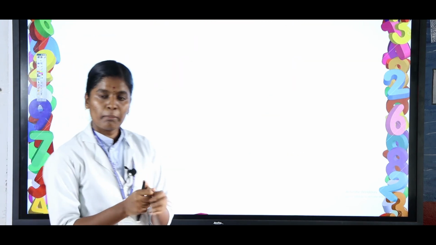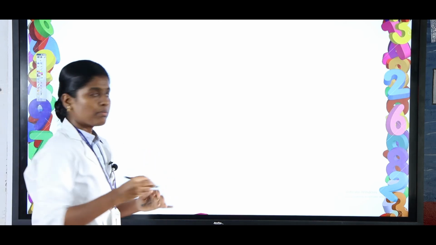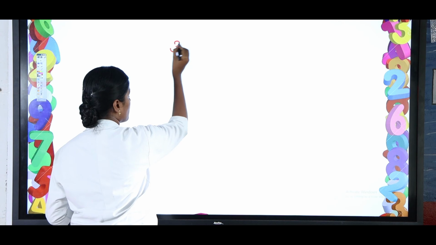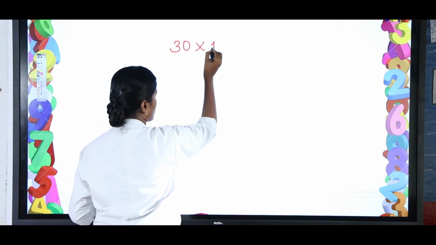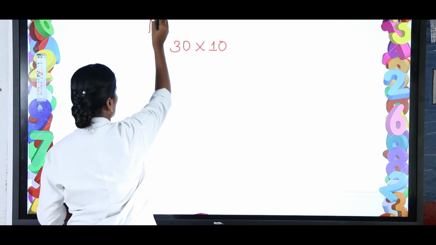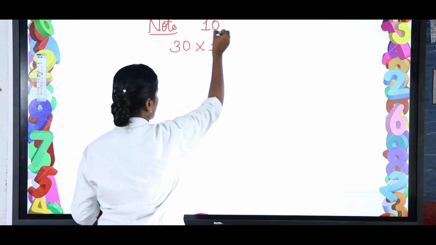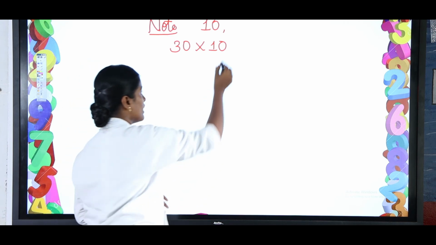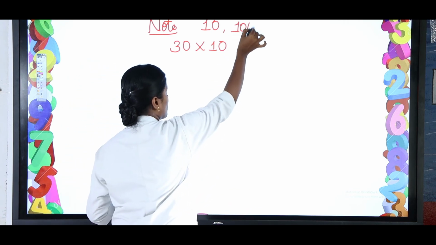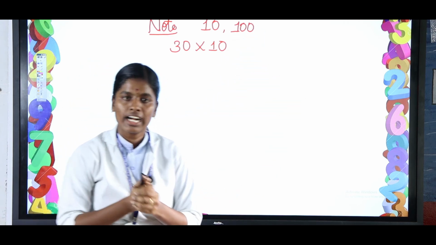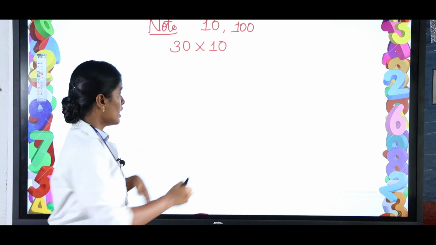A number multiplied by 10 or 100. So for example the question 30 multiplied by 10. So this is an important note. First you are going to write the question.